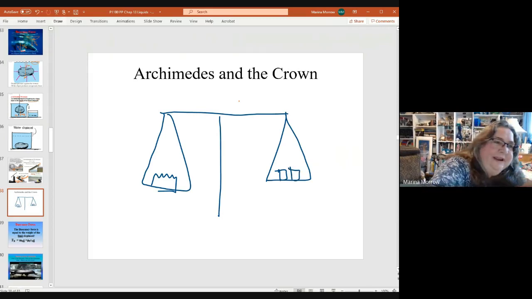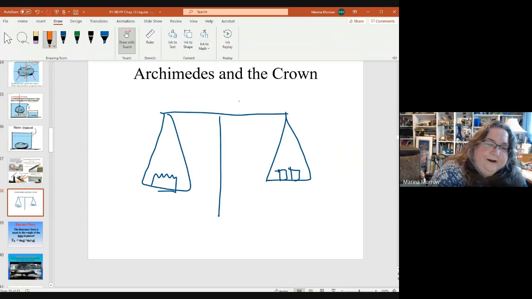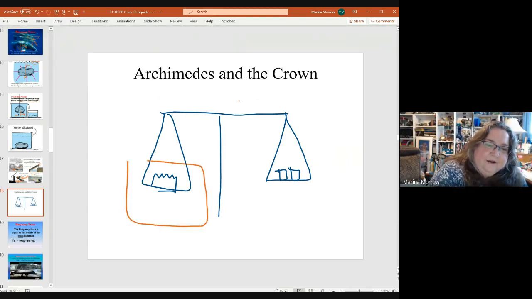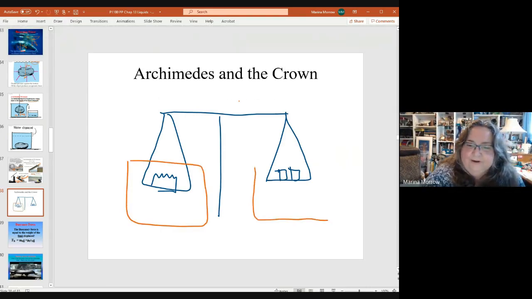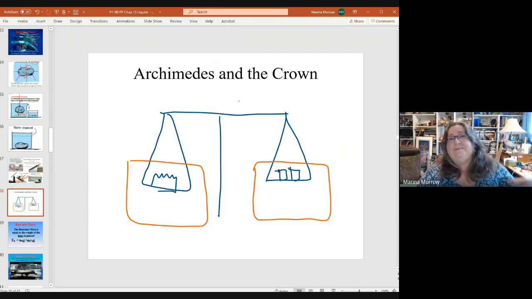And then if you put it into some water, so lowered them both into a bucket of water, well, gold is much more dense than silver. So if the crown had silver in it, then it would not be pushing out the same amount of water as the same mass of gold.